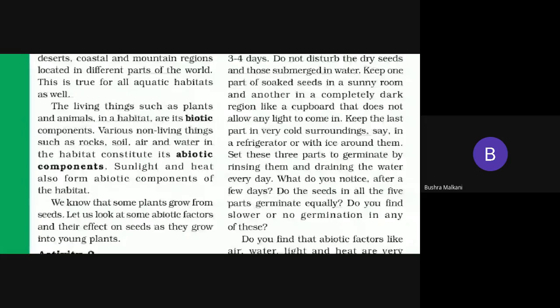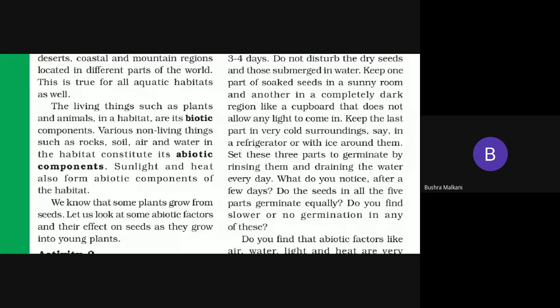Various non-living things such as rocks, soil, air, and water in the habitat constitute its abiotic components. Sunlight and heat also form abiotic components of the habitat.